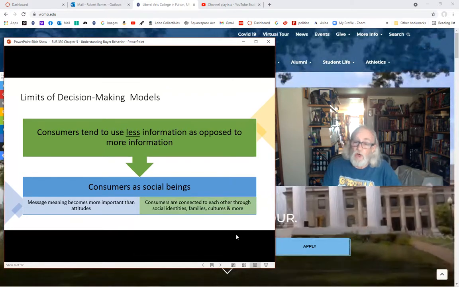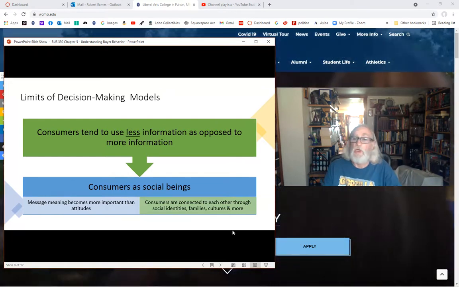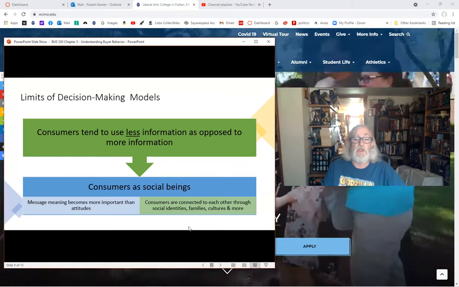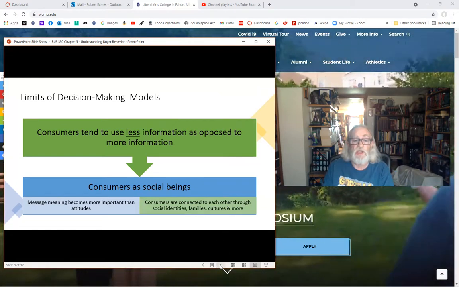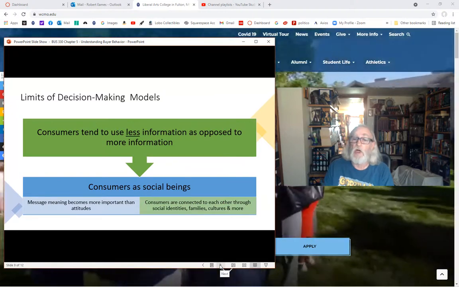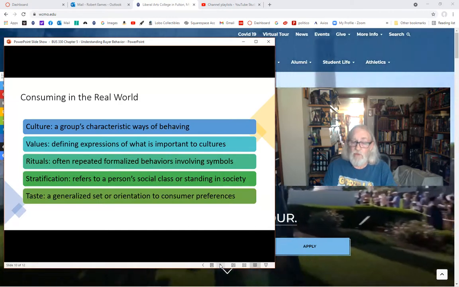So we want to also realize that as social beings, consumers are connected to each other, and they have very specific social identities. They have families, cultures, and more, and all of these things are complicated, and they require us to have some knowledge about what's going on in order to be effective.